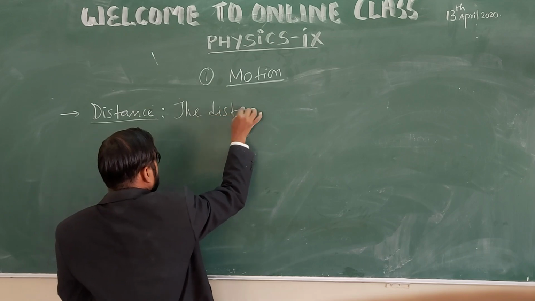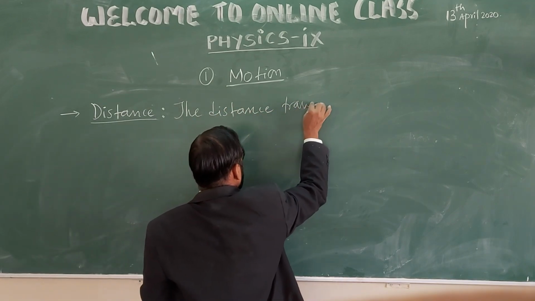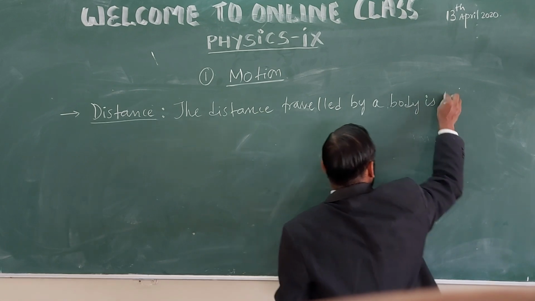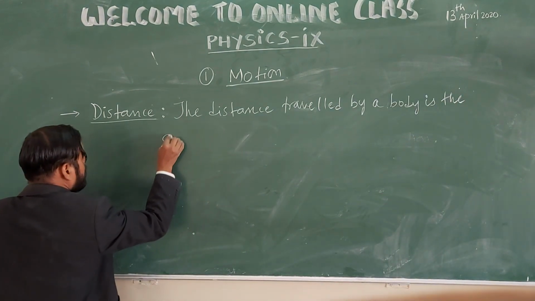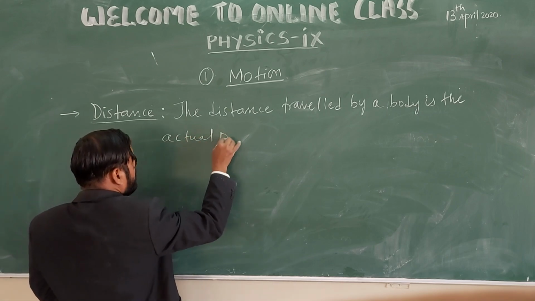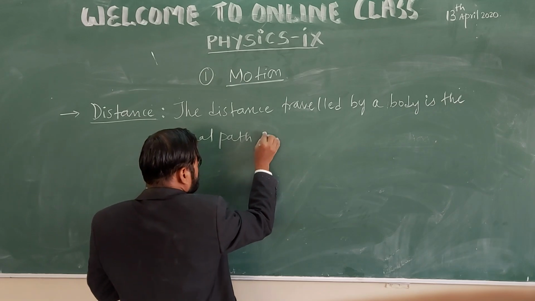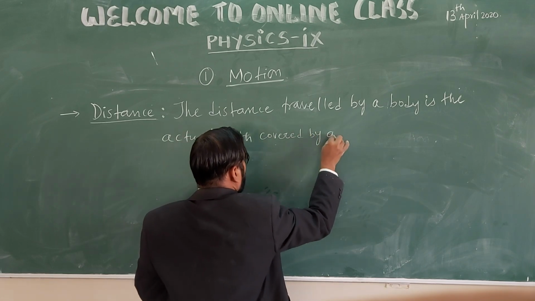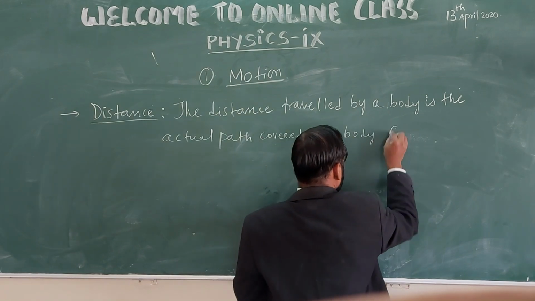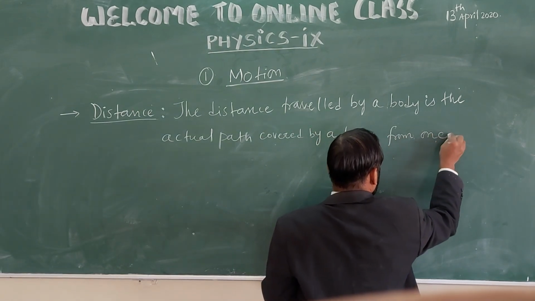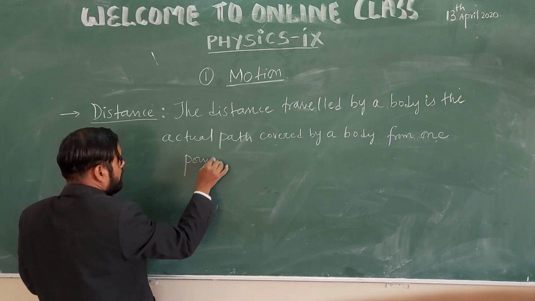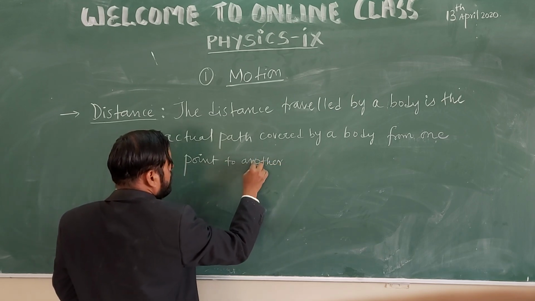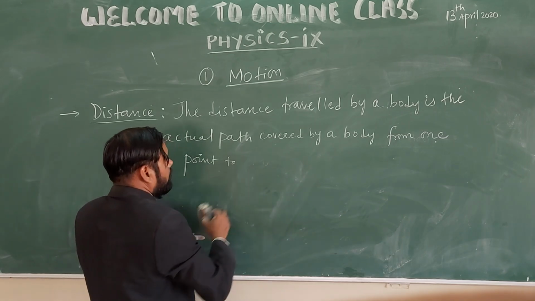The distance traveled by a body is the actual path covered by a body from one point to another.